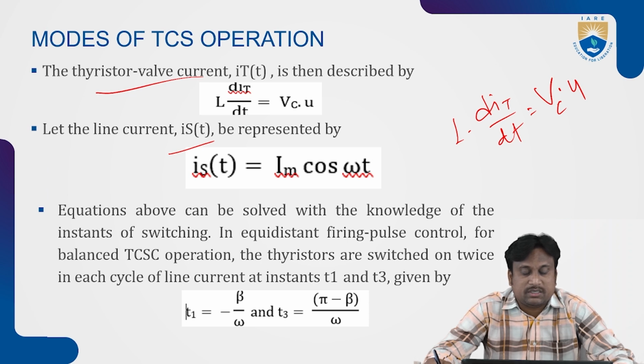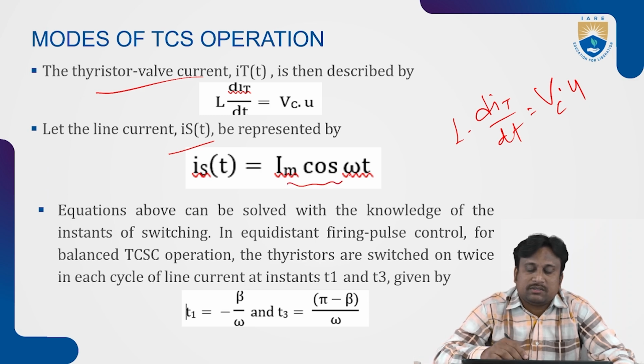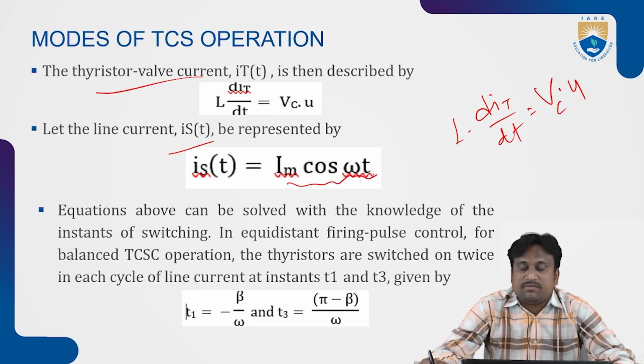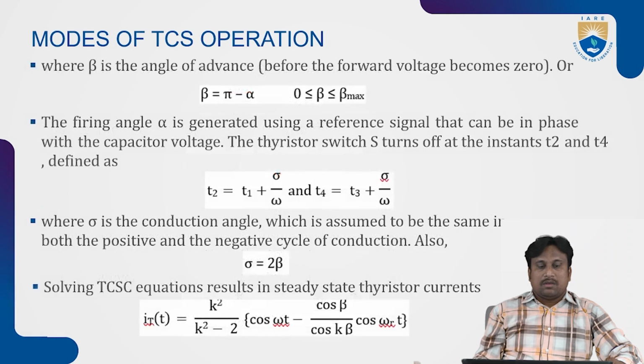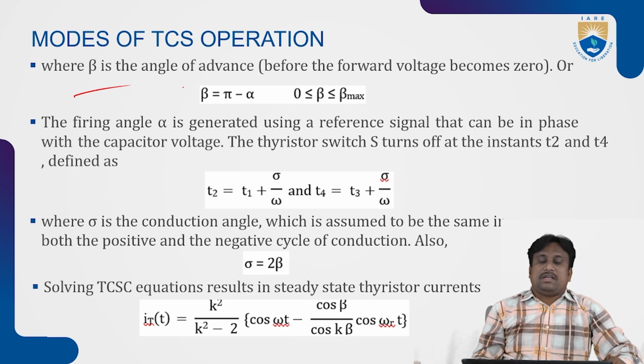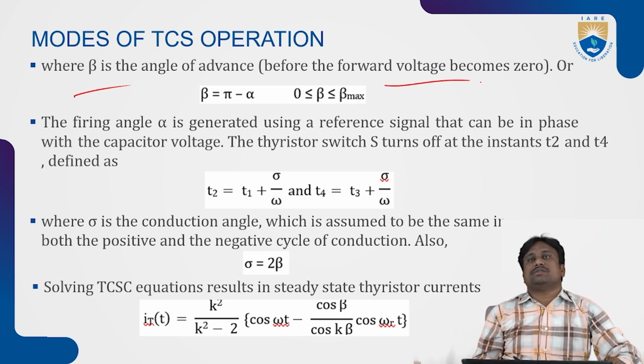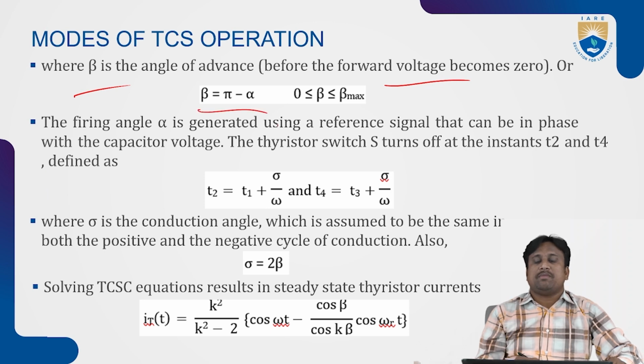So the expressions shown here can be solved with the knowledge of the instants of switching. In equidistant firing pulse control schemes for balanced TCSC operation, thyristors are switched on twice in each cycle of line current. At these instants, T1 equals minus beta by omega and T3 equals pi minus beta by omega. Beta is the angle of advance before the forward voltage becomes 0, or we may treat beta as pi minus alpha.